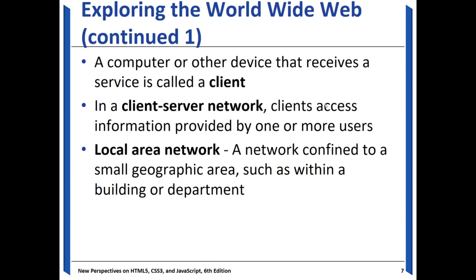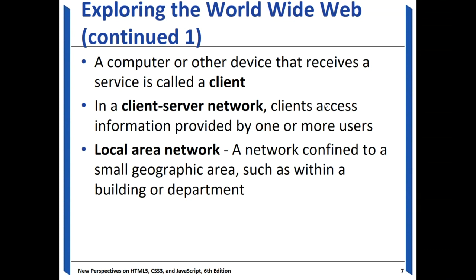Any computer or other device connected to the server is called a client. In a client-server network, clients access information provided by one or more servers. It's connected to the network, connected to the server, and from there, information is shared.